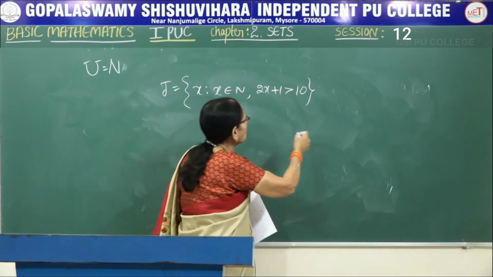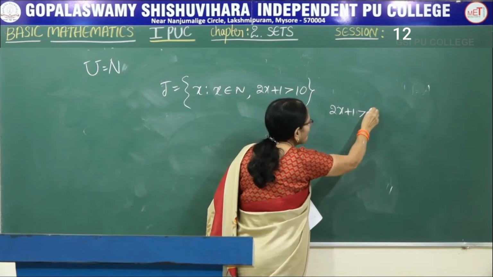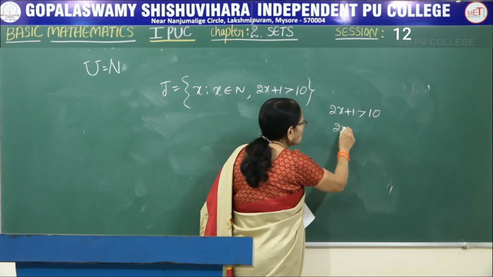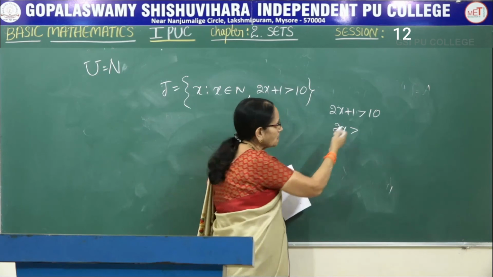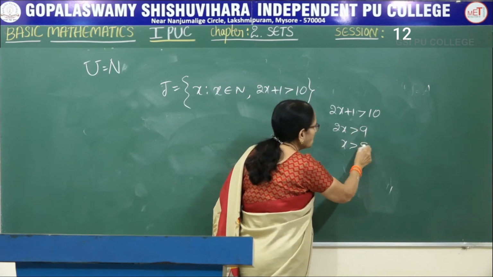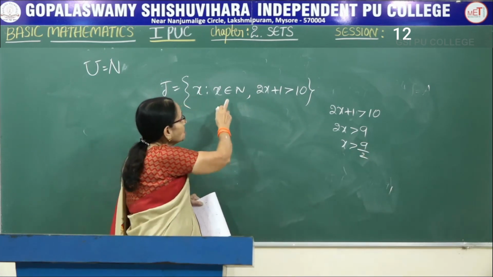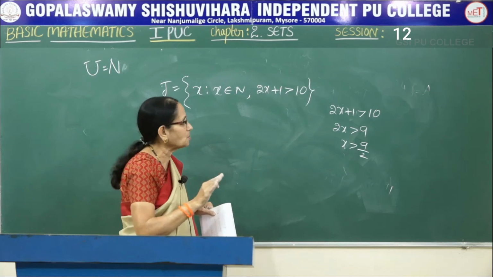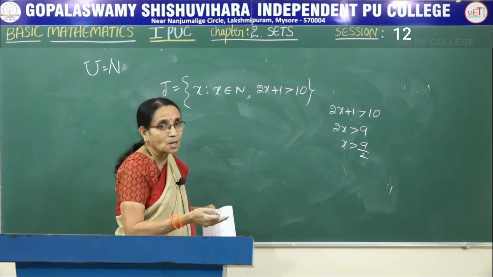Again it's a simple inequality actually. 2x plus 1 greater than 10 means 2x is greater than 10 minus 1, taking 1 to the other side just like in an equation, which becomes 9. That is, x is greater than 9 by 2. But remember, we are considering only the natural numbers. 9 by 2 is a fraction, 4.5, a rational number.